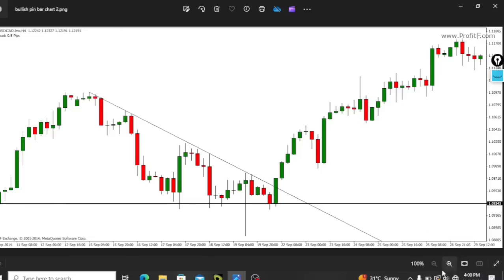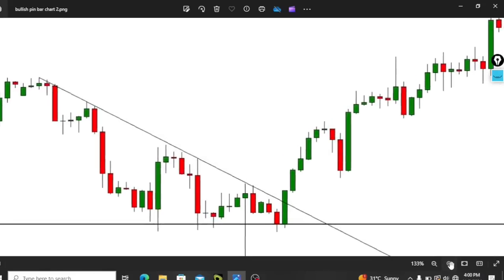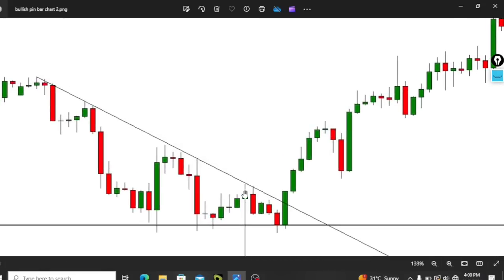This is another example I'm going to show you here. As you can see, also at the bottom of this chart, there was also a bullish pin bar. So take note of it. This candle was moving, going up and down, but overall the trend was going down. So a point came when it went all the way down, very down.